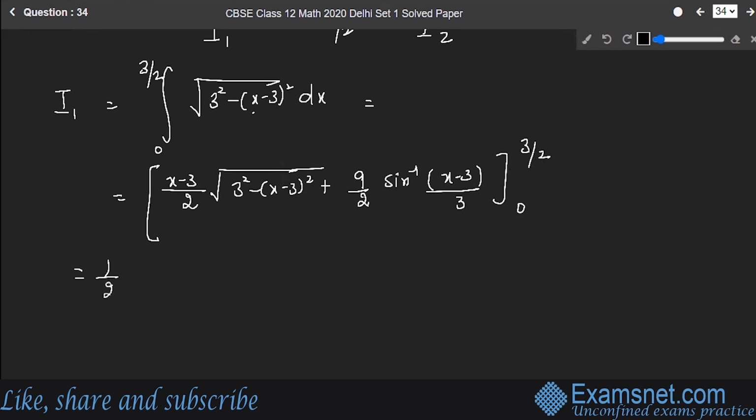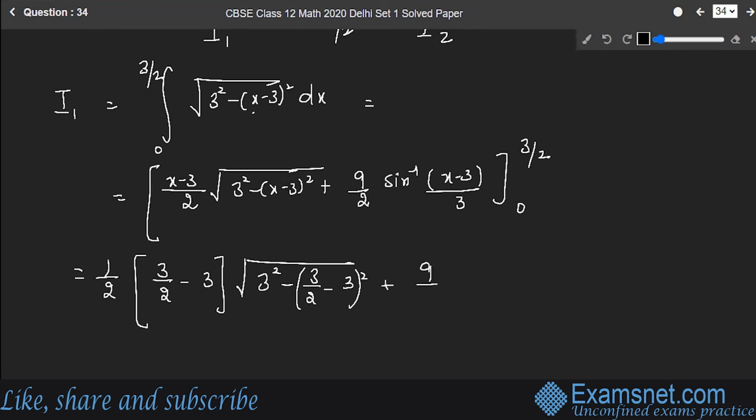So this will be equal to 1 by 2 taken outside. This will be 3 by 2 minus 3, root of 3 square minus (3 by 2 minus 3) square, plus 9 by 2 sine inverse of 1 by 3 (3 by 2 minus 3). Okay.